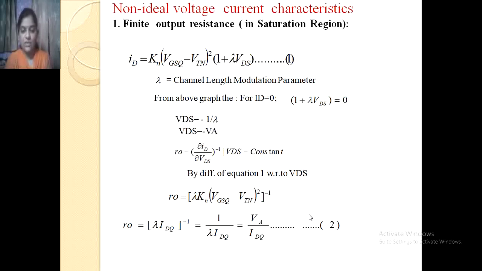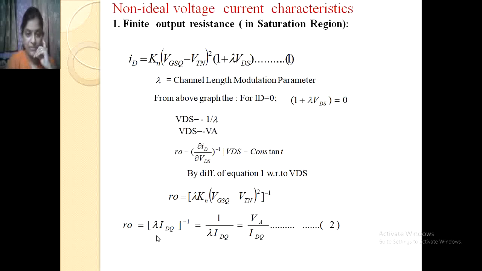So R0 is given by 1 upon lambda into IDQ, and 1 upon lambda is nothing but the VA. So R0 is VA upon IDQ, that is equation number 2. This is nothing but the finite output resistance in the saturation region for the MOSFET.